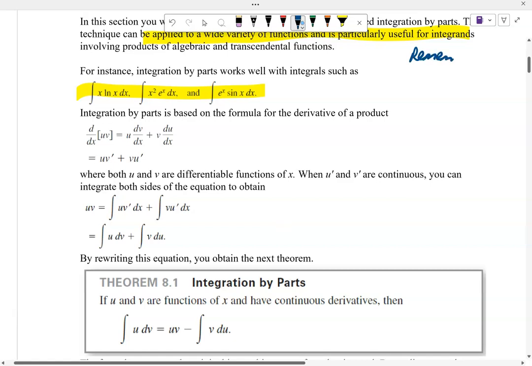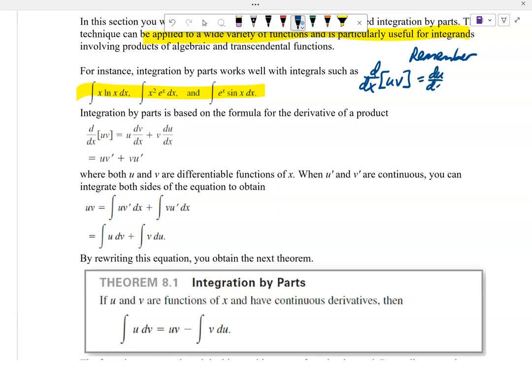If you remember the old product rule, right? The derivative of u times v is the derivative of the first times the second, at least this is how I remember it, plus the first and then the derivative of the second, right?